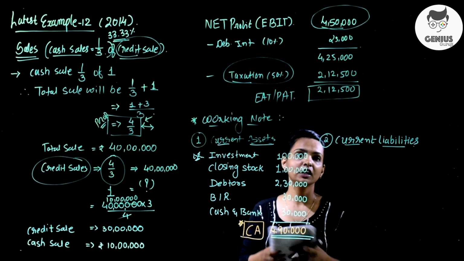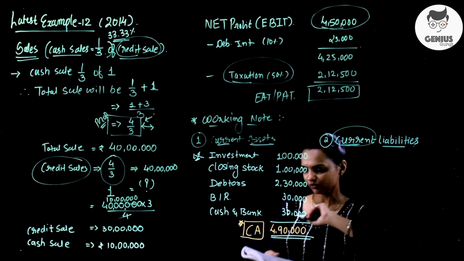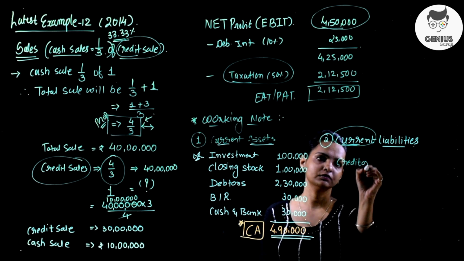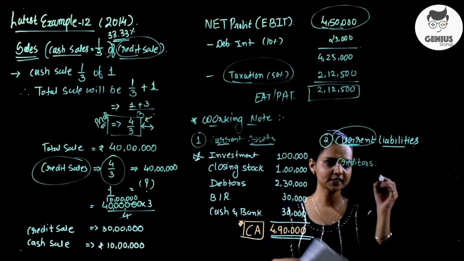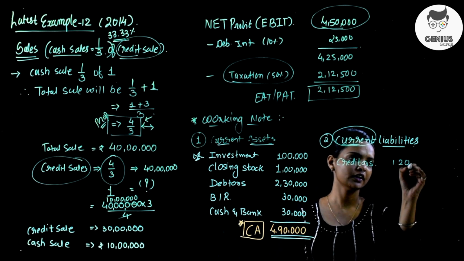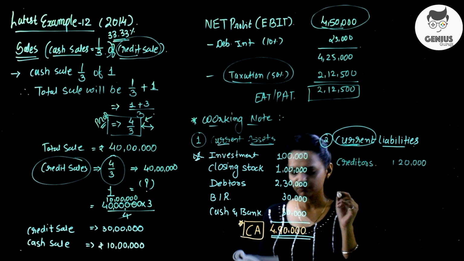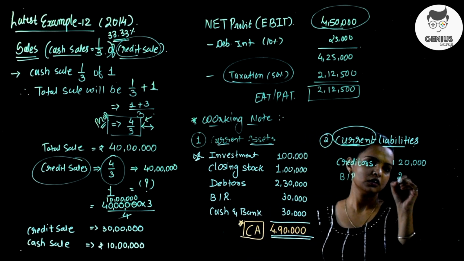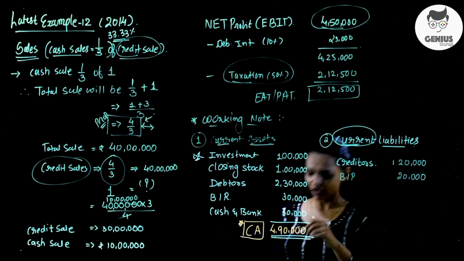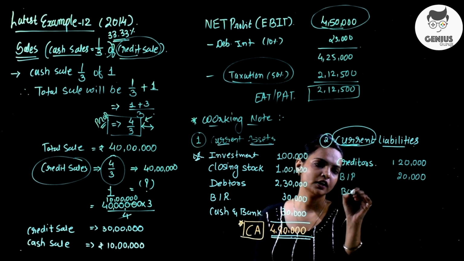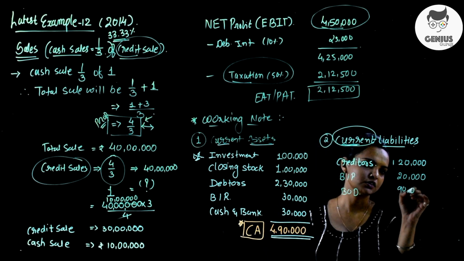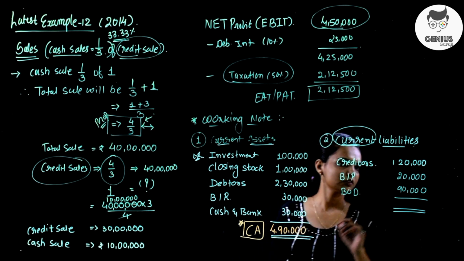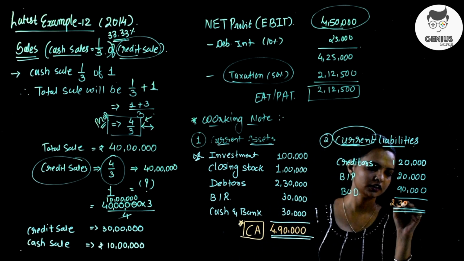So we will conclude over here only current, and in that you have to mention creditors of rupees 1,20,000, bills payable of rupees 20,000 and bank overdraft of rupees 90,000. And my total will be 2,30,000.